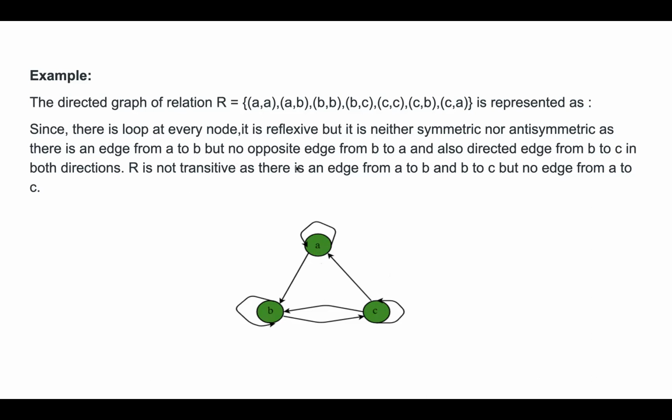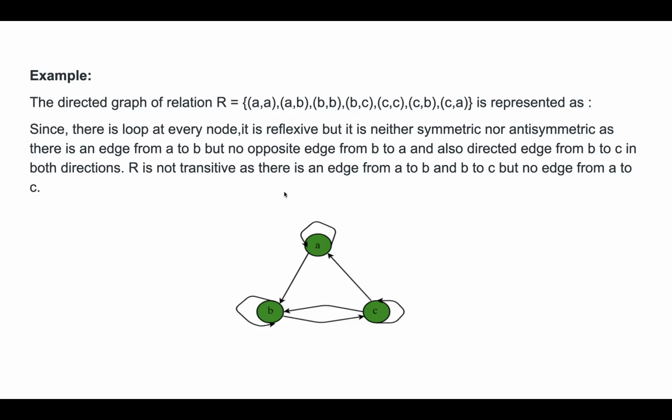Then R is not transitive, as there is an edge from A to B and B to C, but no edge from A to C. A to B is there, B to C is there, but A to C is not.